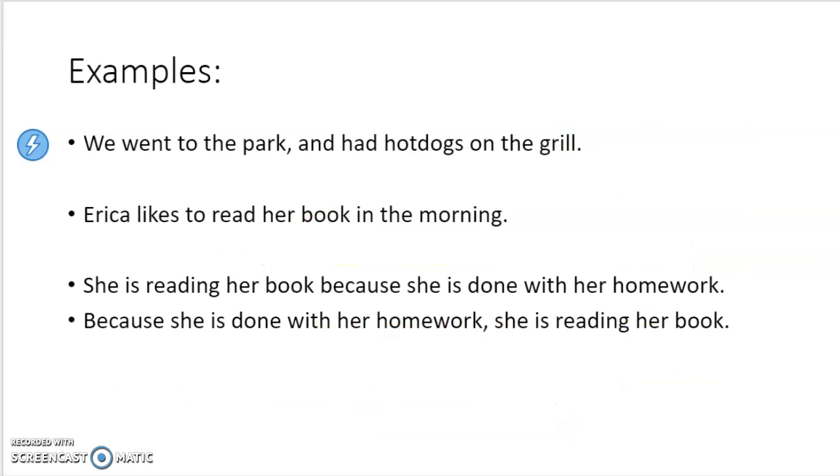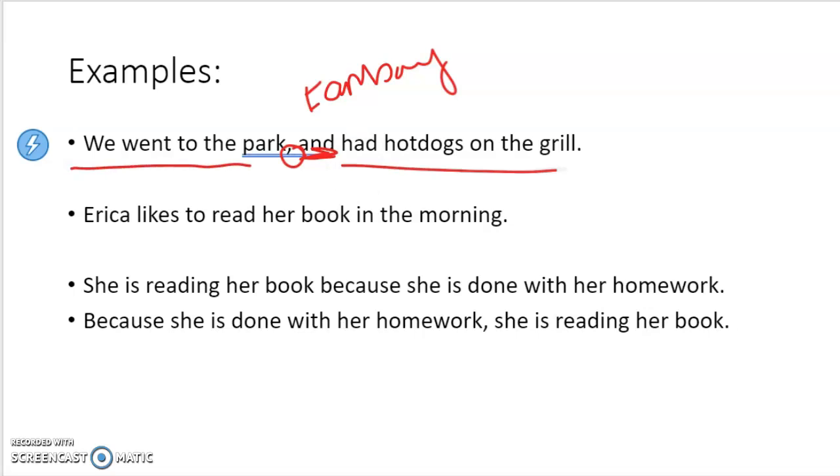So let's look at some examples. Number one, we went to the park and had hot dogs on the grill. Well, we have and, we have a comma, and and is a FANBOY, which is a coordinating conjunction. We have one idea, we have another idea.